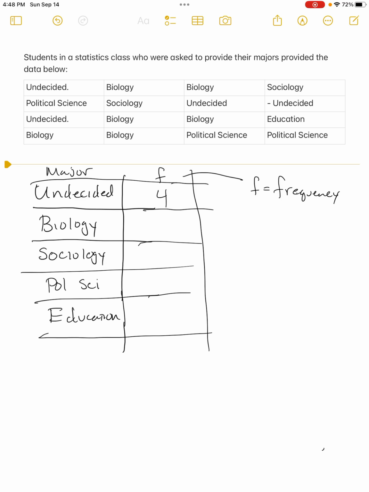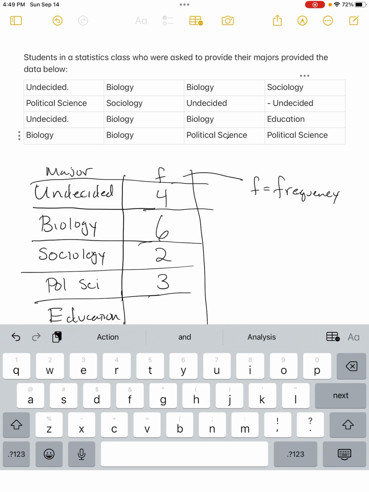I'm going to go in each row: 1, 2, 3, 4, 5, 6. Looks like there are 6 biology majors. Sociology, there's 1 in the first row, 1 in the second row, and that's it, just those 2. Political science, we have 1 in the second row, nothing in the third row or first row, and then 2 more in that last row, for a total of 3.